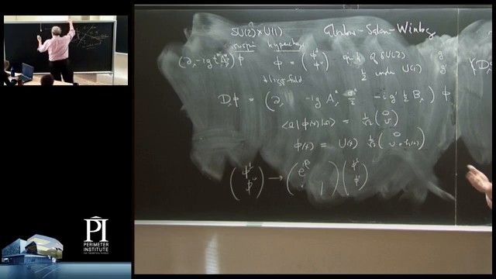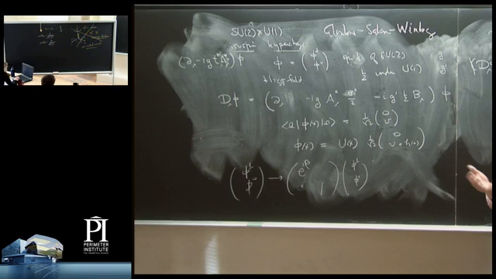Then the sine of this angle is g prime over the square root of g squared plus g prime squared. And the cosine of this angle is g over the square root of g squared plus g prime squared. And these sines and cosines are exactly what appear in this formula.